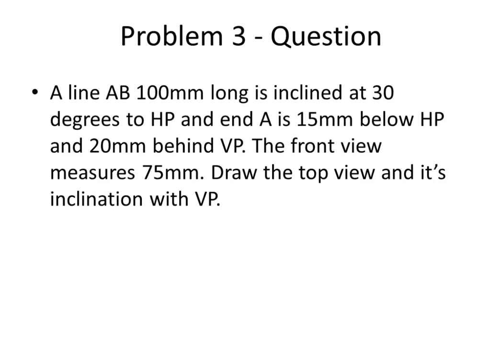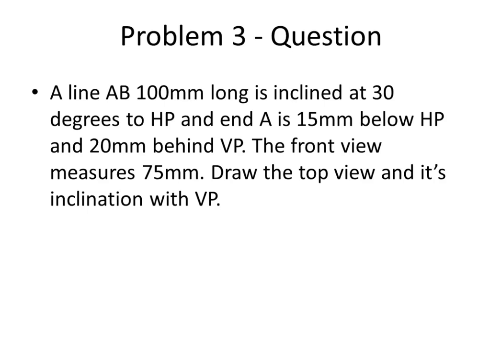So this question is slightly different from the last two questions, where the data given are the distances of end A from HP and VP, the true length. So that makes it three different data, or three different values.